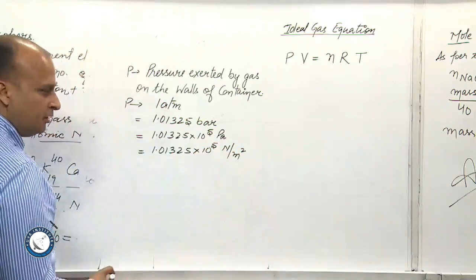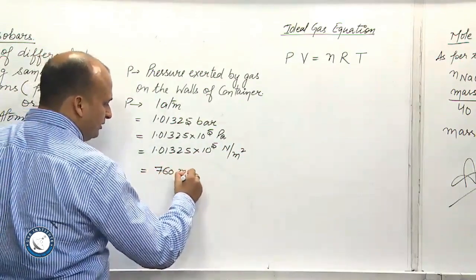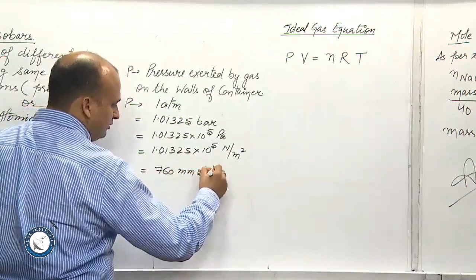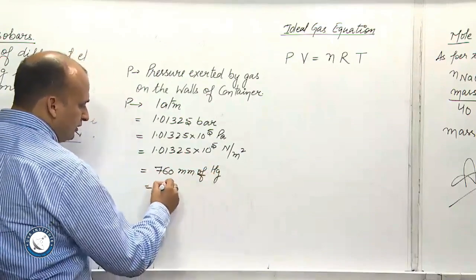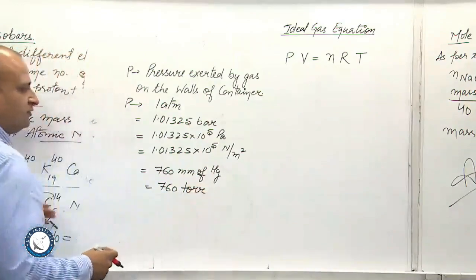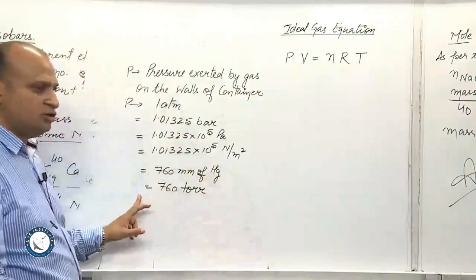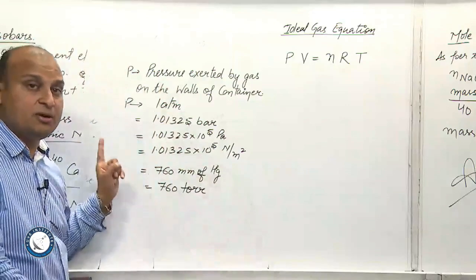Or it can be written as 760 millimeter of Hg, or 760 torr. Torr comes from the scientist Torricelli. So these are the units of pressure. You have to remember all.